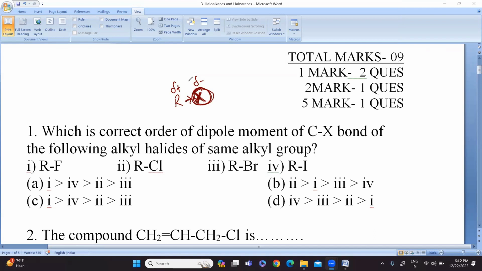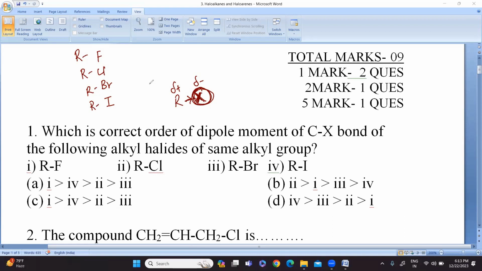As you know, the atoms are arranged as fluorine, chlorine, bromine, and iodine, right? So as you move from chlorine to iodine, what will happen to the electronegativity of the halogen atom?